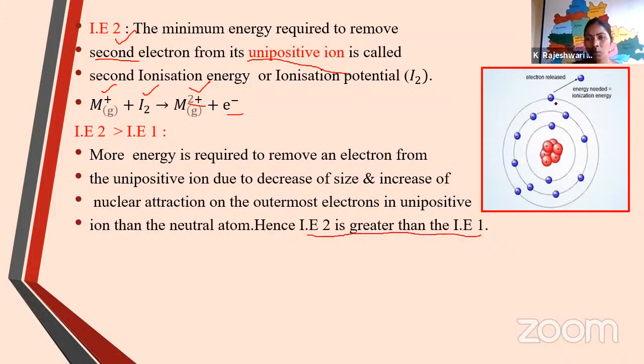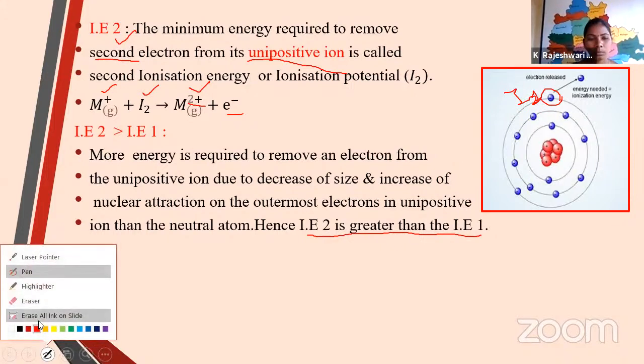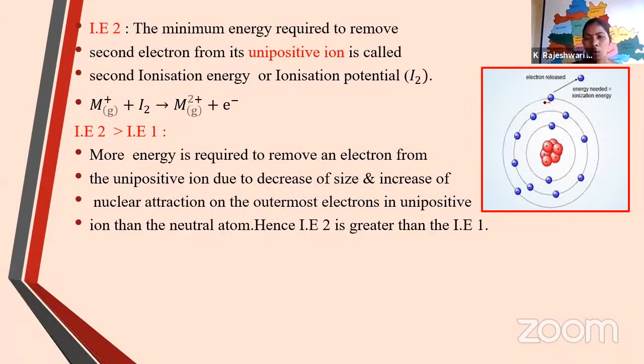In the picture, if you lose this electron, that is I1. After losing this electron, I want to remove this electron also, then I should apply I2.